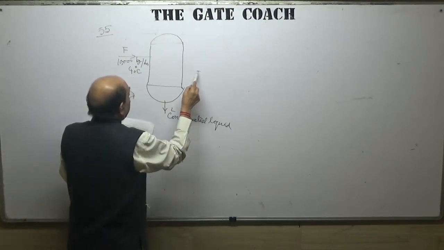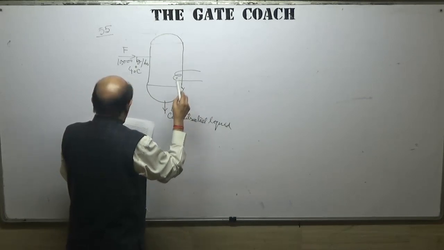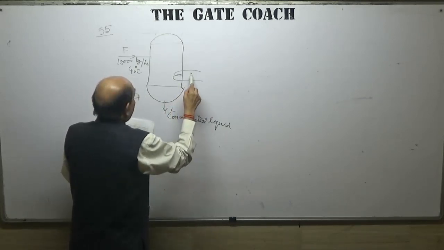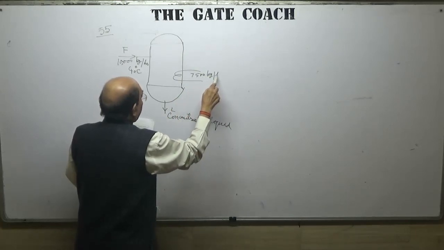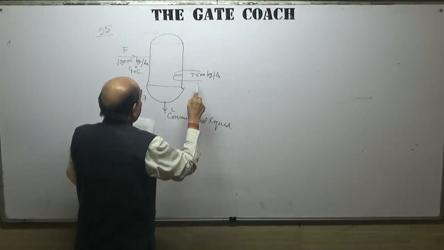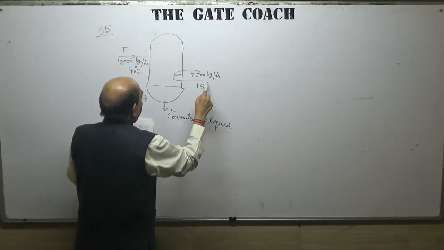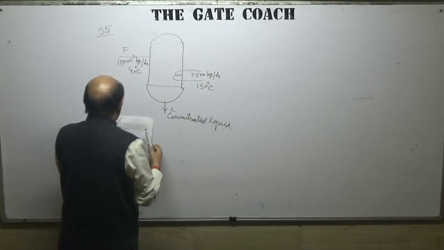The saturated steam is supplied, which is 7500 kg per hour at the temperature of 150 degrees centigrade.